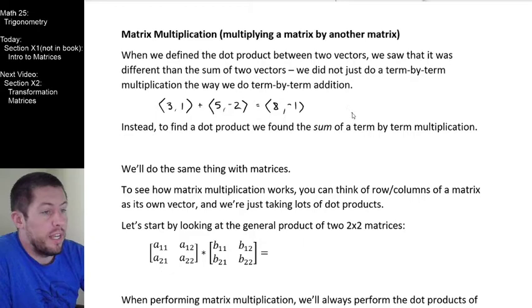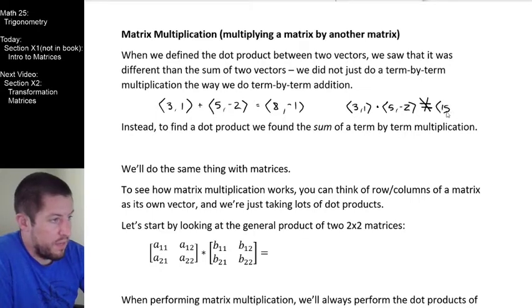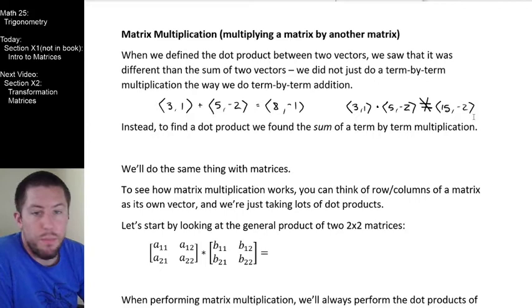For multiplication, it is not the case that when we did the dot product here, we did that. This was very much not equal to 15 comma negative 2. We did not perform term by term multiplication. That's not how that works right there. So notice that these are different from one another.